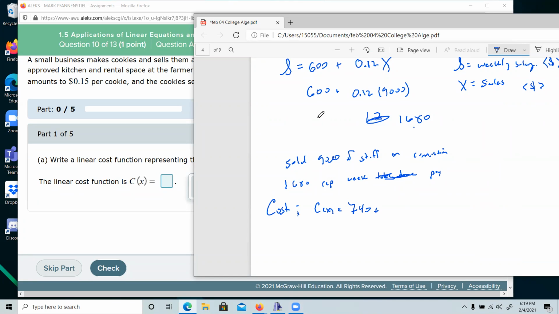And then they have what's called a variable cost, because it's going to be 0.15 times x. X equals number of cookies, C, cost.